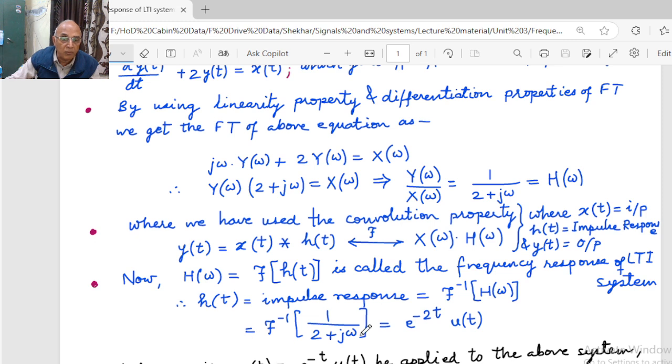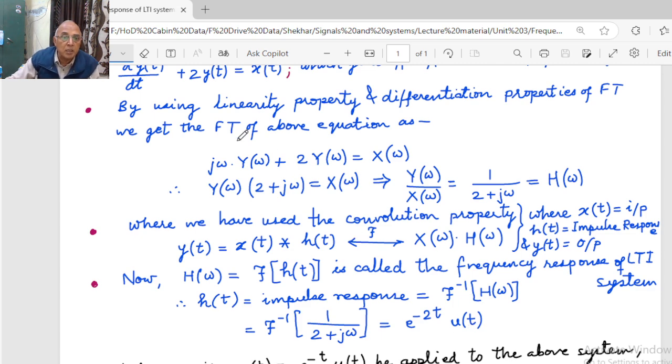So when we take the Fourier inverse of this term 1 by 2 plus j omega, which we have already obtained here, then, because of the Fourier transform pair that we have seen, this becomes e power minus 2t u(t). If you take the Fourier transform of e power minus 2t u(t), it is nothing but 1 by 2 plus j omega. So the Fourier inverse of 1 by 2 plus j omega is e power minus 2t u(t).